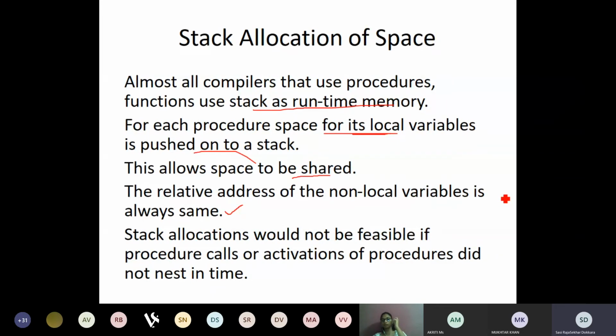And sometimes procedure A can call procedure B, and procedure B can call procedure C. Once procedure C is over, it returns back to procedure B, and once procedure B is over, it returns back to procedure A. This phenomenon is what is called nesting in time. If such a thing doesn't happen, then stack allocation is not going to be feasible. If all of them are running at the same time, then there is no use of this mechanism of stack allocation.